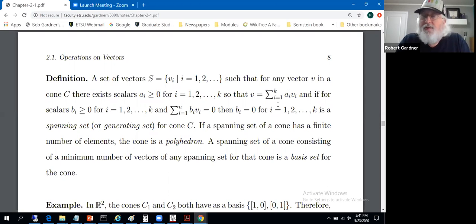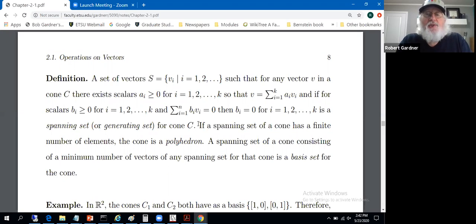Well, divergence. Divergence is not an issue for us because we're only taking finite sums. When we say linear combination, we mean finite linear combination. That's just the setting where we are. So even though we started with a potentially infinite set of vectors, we're requiring that every vector v be a finite linear combination of those vectors.